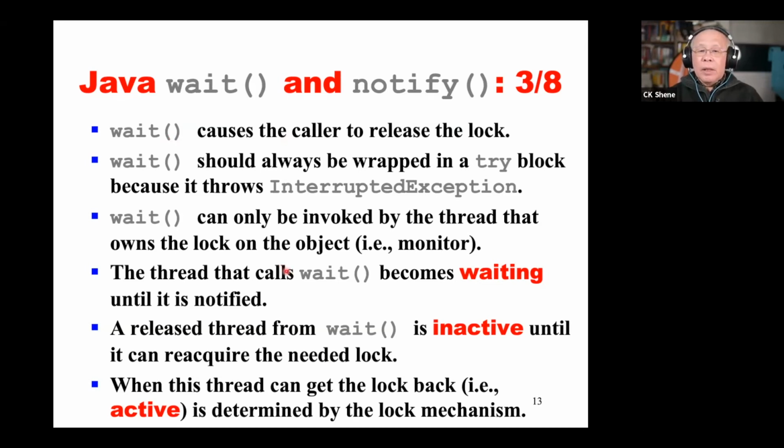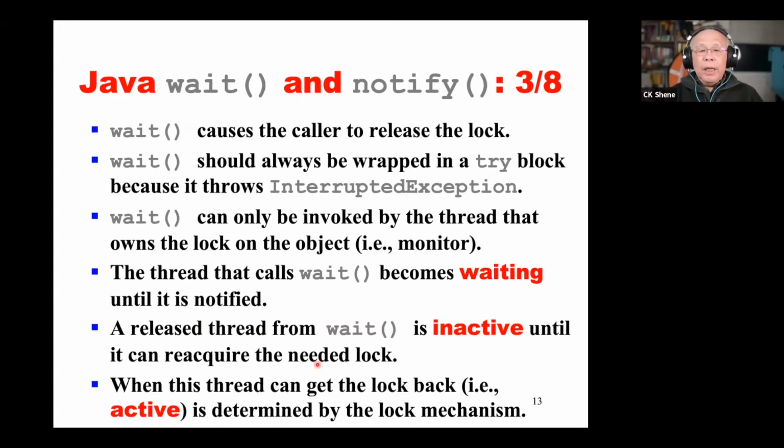Later on, thread A is released from the wait because someone called notify or notifyAll. Where would thread A wait? We don't know. We just assume that thread A could be waiting outside. So in this case, thread A becomes inactive until thread A can get the lock of the common object back.